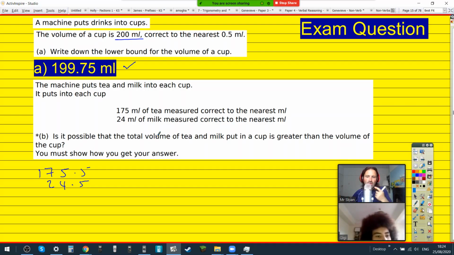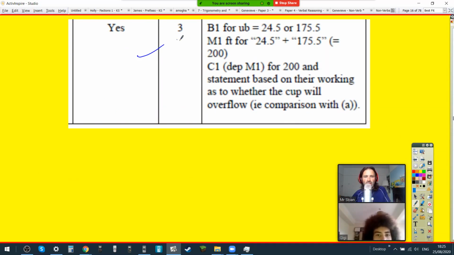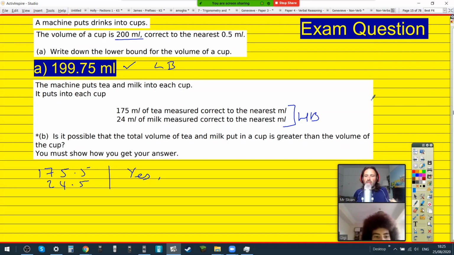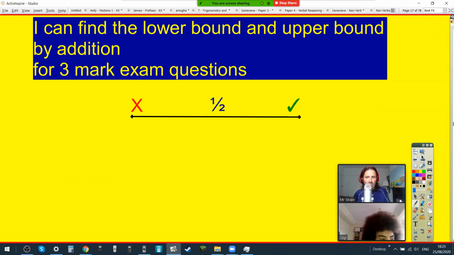And so yes, it is technically just possible, if you had the higher bound of these two and the lower bound of the cup, or something in between. So yes, you've got 200 written somewhere, and you make that comparison. 3 marks. Any questions about that? No. Okay, and we're going to use this idea more in a minute.